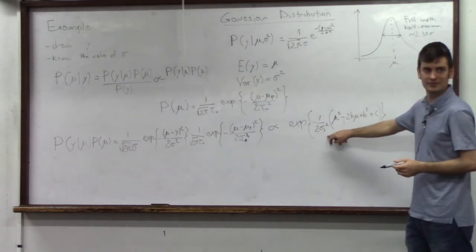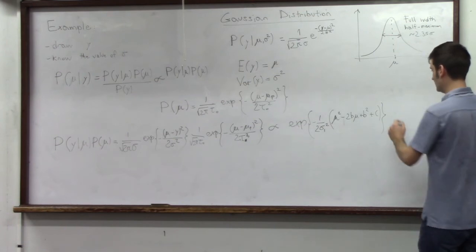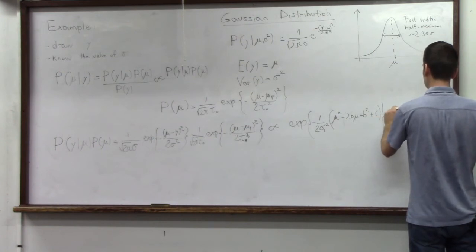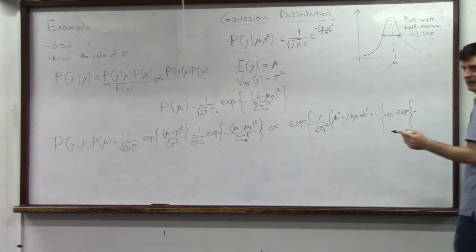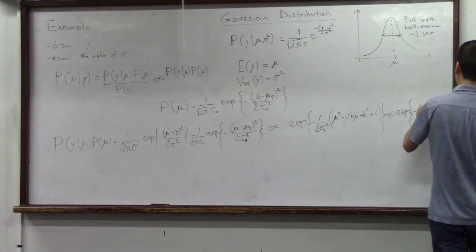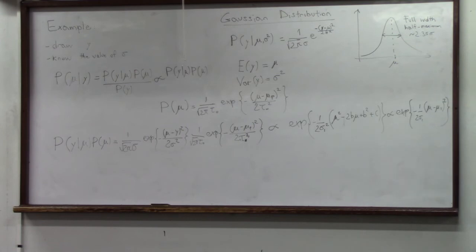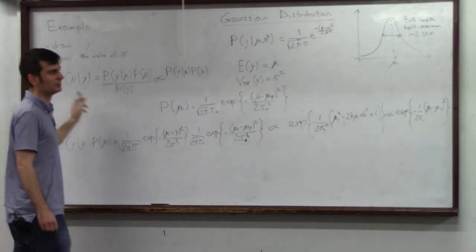I just call this sigma 1 for a reason I'll come to soon. And since we're only caring about terms that depend on mu, everything else is a constant for us. And this is mu minus mu1 squared. So our posterior probability distribution, so this, by the way, is called the posterior probability distribution.